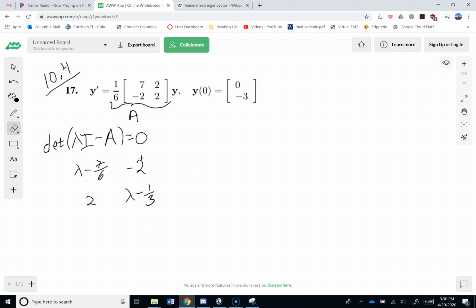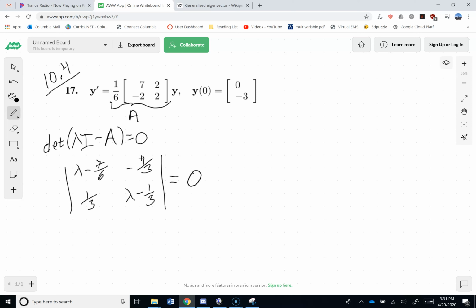You need to multiply the sixth by everything, not just the pieces you want. So I have minus a third and positive a third. Let's see, so I have lambda minus 7/6, minus 1/3, plus 1/3, and lambda minus a third. Okay, and then I need to take this whole thing, take its determinant, set that equal to 0.